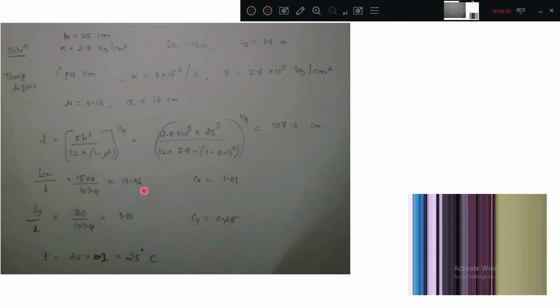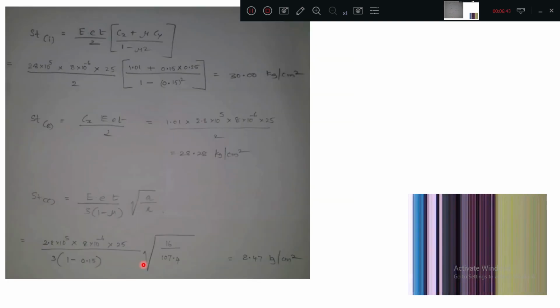Lx by L is 13.96, from the graph you can get 1.0. Ly by L is 3.33, from the graph you can get 2.25. So it is T equal to 25 into 1, 25 degree Celsius.